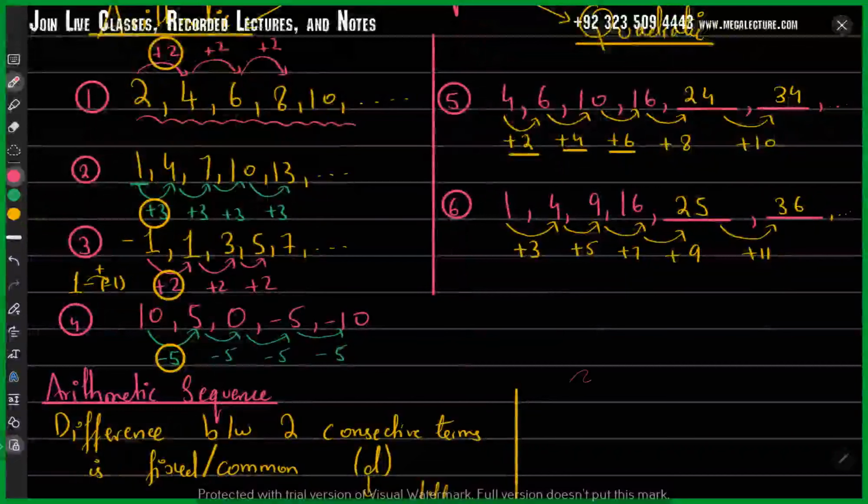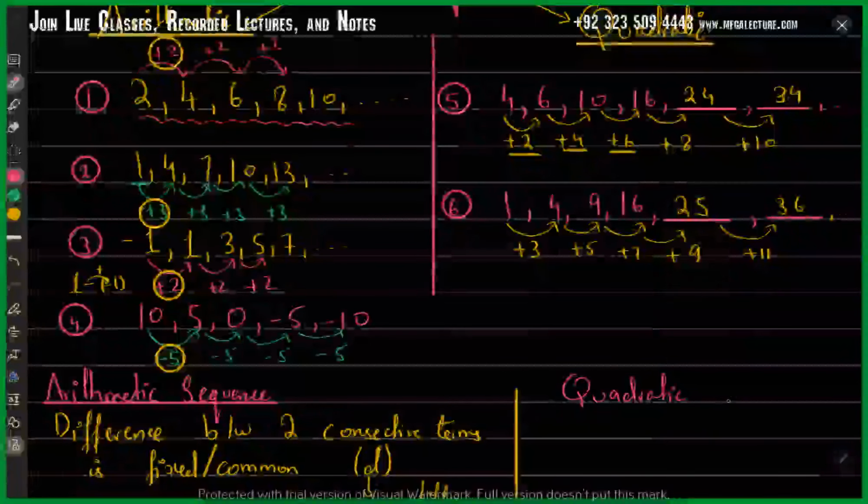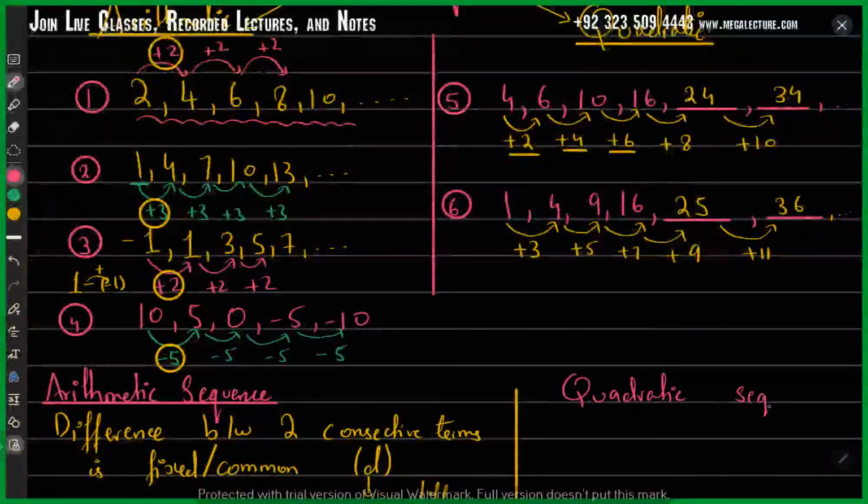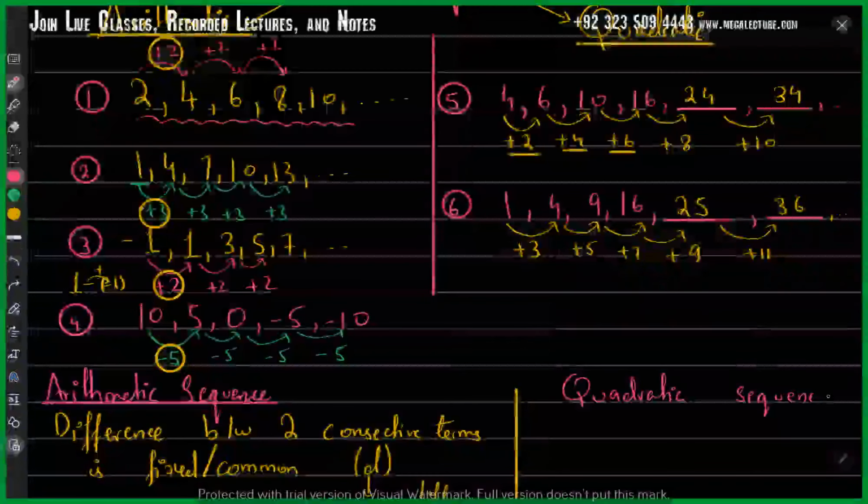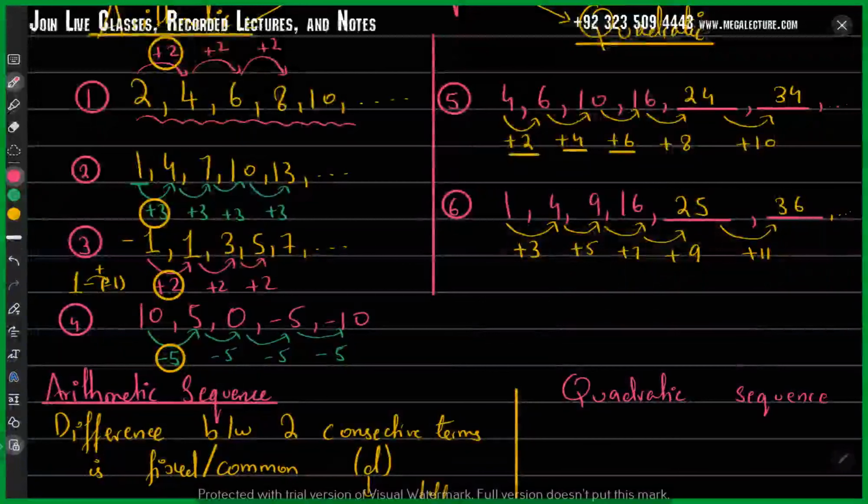Okay, the next one is basically the quadratic sequence. In quadratic sequence, the difference of the difference is common. I'll tell you.